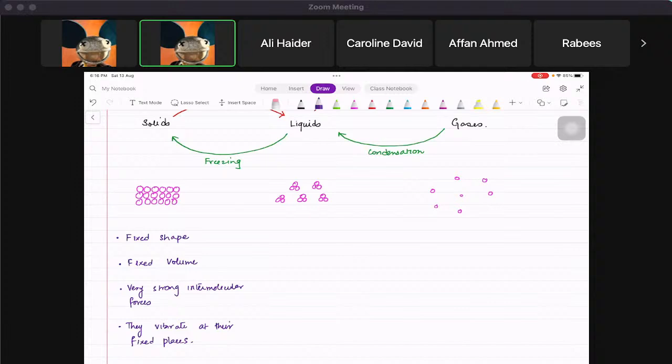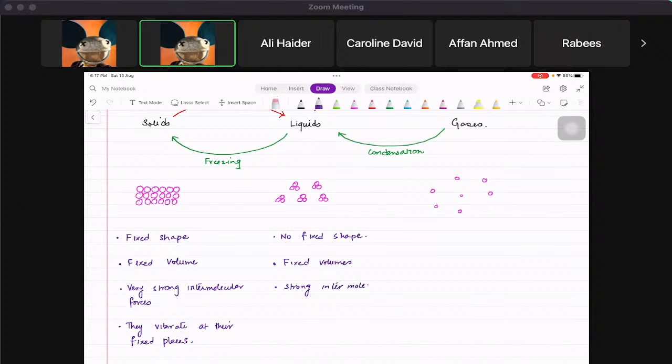Now, compared to the other things, liquid has basically no fixed shape. Because when you pour it into any container, it would take the shape of the container. However, liquids have fixed volumes, so they still stay the same. Then, when we talk about intermolecular forces, they have strong intermolecular forces.